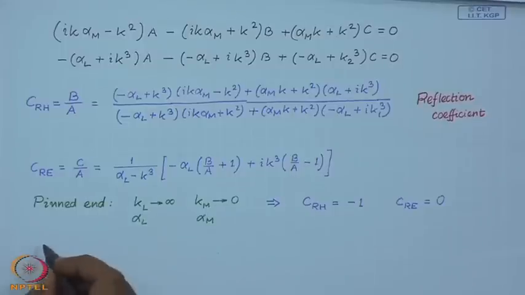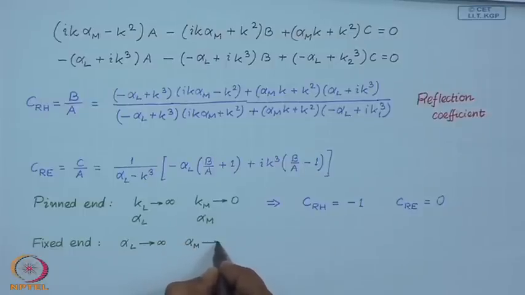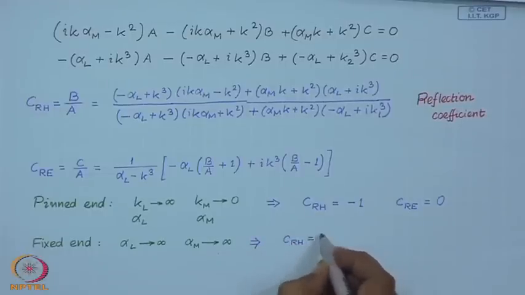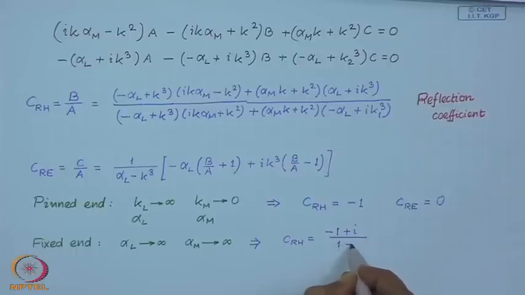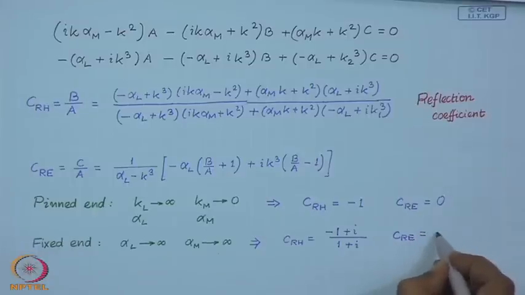The next case could be a fixed end, in which case both of them tend to infinity, and in this case the reflection coefficient for the harmonic wave is this, and for the evanescent wave is given by this.